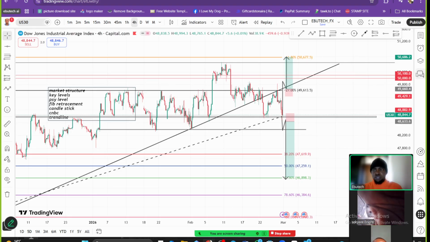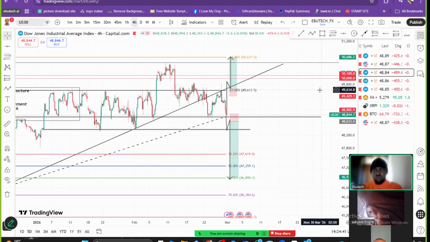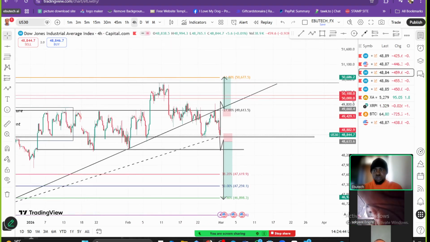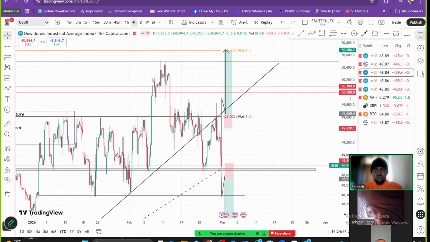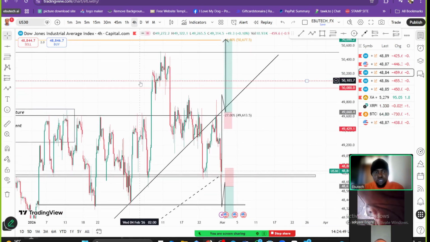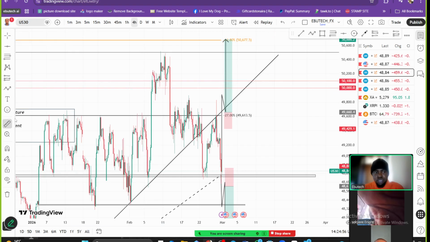This is the psychological level. From here to here is the psychological level. This is 100 pips. Let's check it. Let's use our ruler and mark it from here to here. Can you see that it's 100 pips?